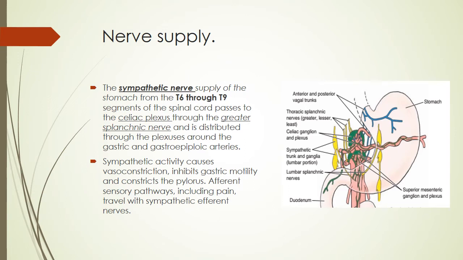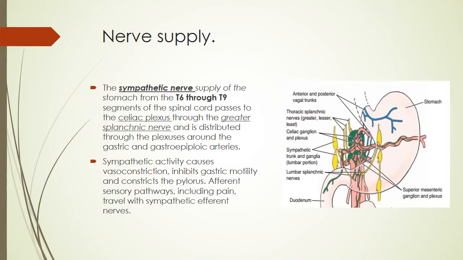They move to the celiac plexus through the greater splanchnic nerve, and then it is distributed through plexuses around the gastric and gastroepiploic arteries. The branches from the celiac plexus move around these vessels to reach the stomach. Please remember these segments, T6 to T9 segments of the spinal cord.